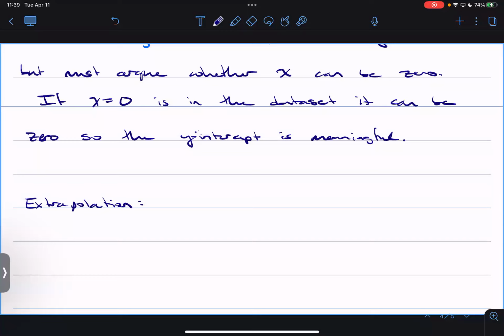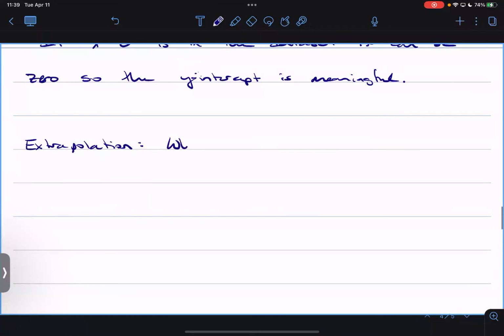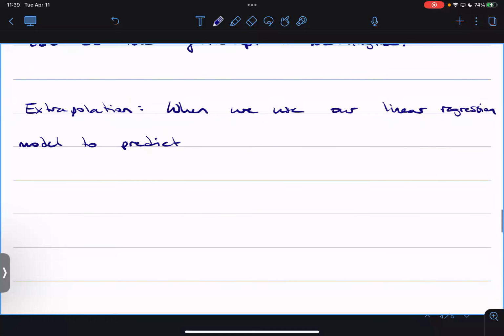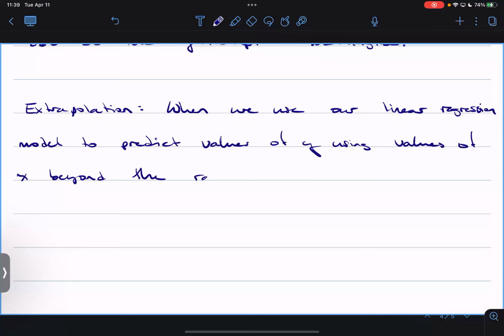So extrapolation is when we use our linear regression model to predict values of y using x values beyond the range, and by that I mean the domain, of our data.